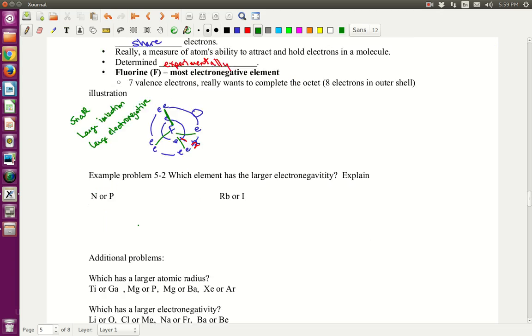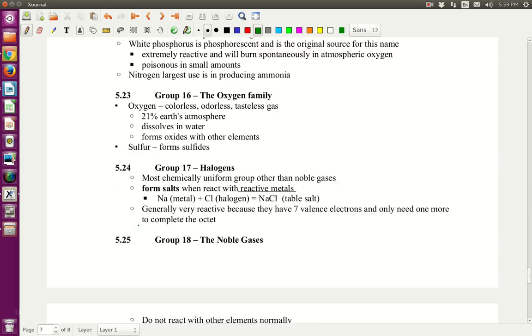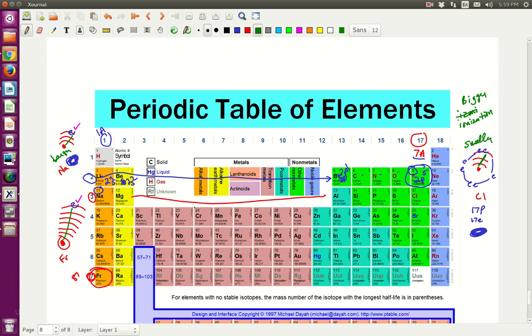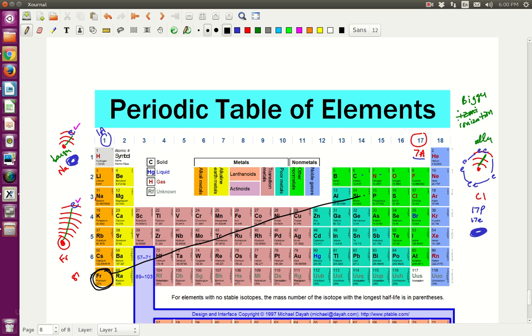And if you look at the chart, okay, if we talk about electronegativity and electron affinity, we can look at some trends, and I'm going to write them on here. If you start down here at francium with 87 babies, and you point up to fluorine with only 9 babies. Okay, this is the most electronegative. Most EN for electronegative.